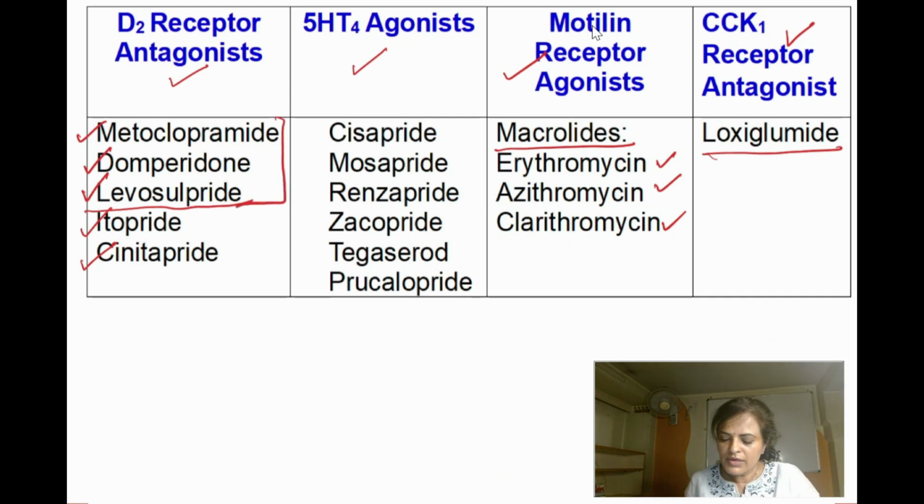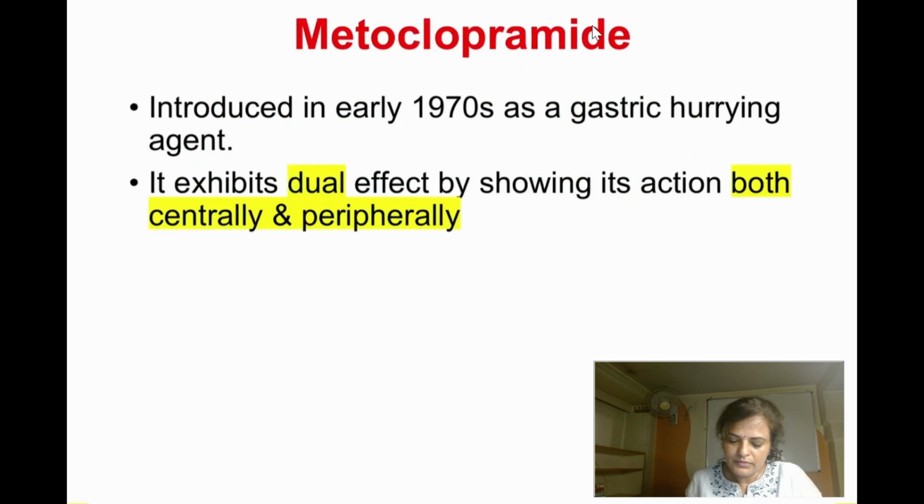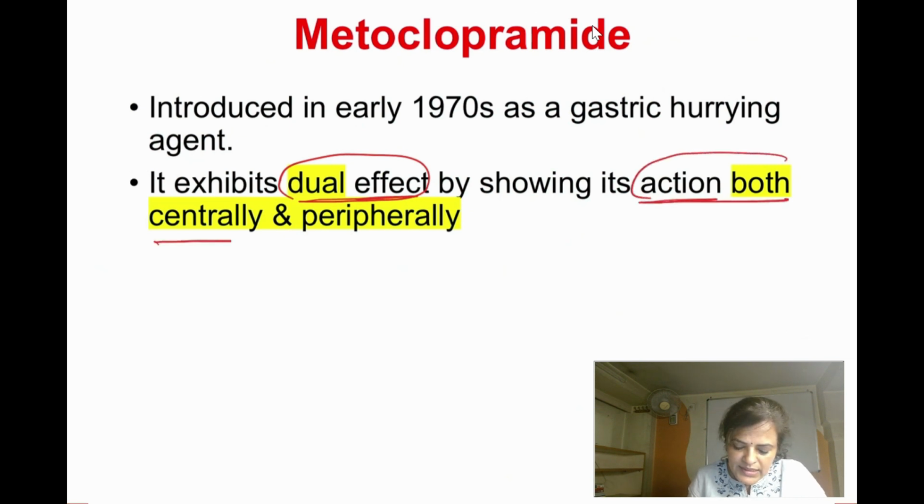Now coming to the first one, that is metoclopramide. Metoclopramide was introduced in early 1970 as a gastrokinetic agent. It is going to show a dual effect by showing its action both centrally and peripherally. Now let's see the first, the central action.